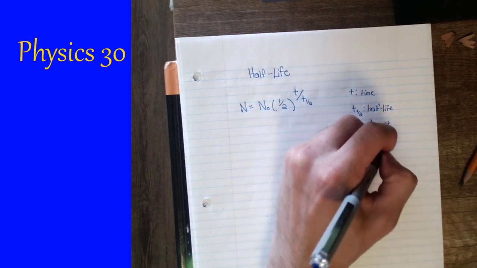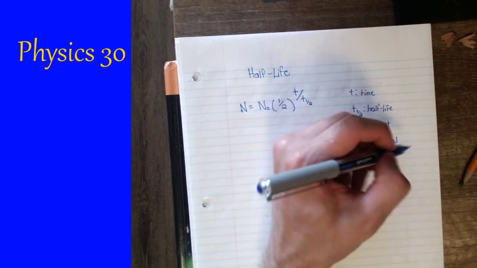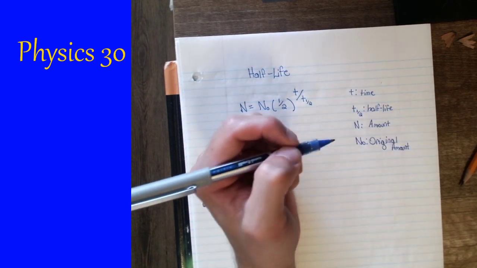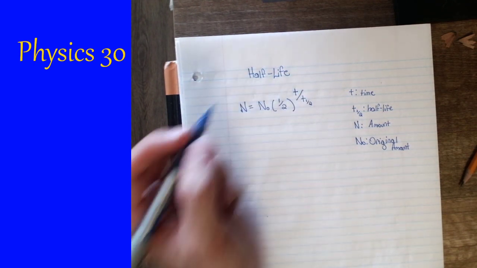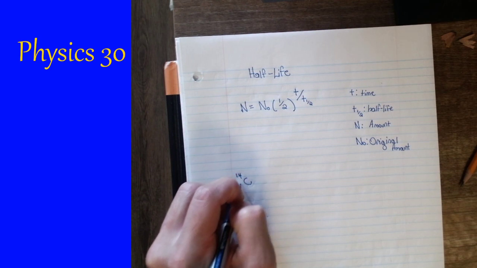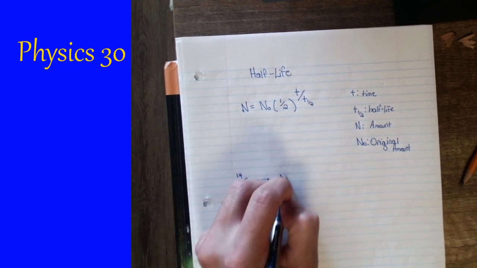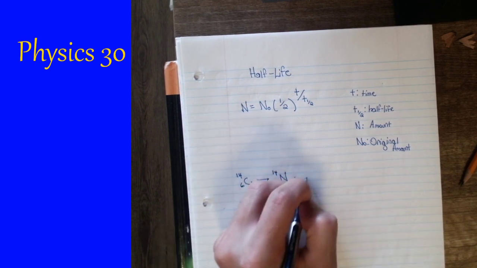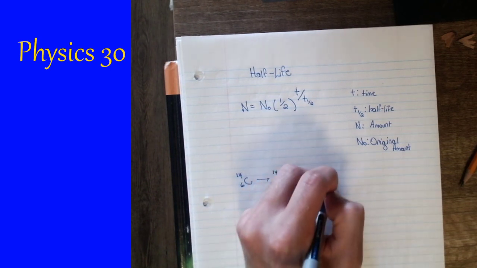When we talk about amounts, we're talking about the amount of material that is remaining. For example, we know that carbon-14 (6) undergoes beta radiation to nitrogen-14 (7) plus the electron plus the antineutrino.